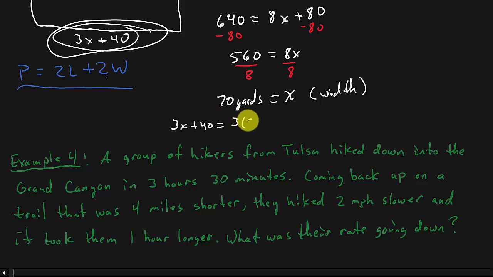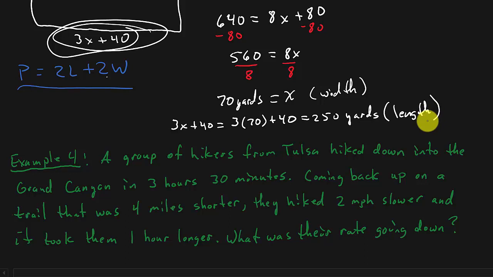X is 70. Plus 40. That's 3 times 70 is 210. 210 plus 40 is 250 yards. And this is the length. And so there's your answer. That's the dimensions of the length and the dimensions of the width.